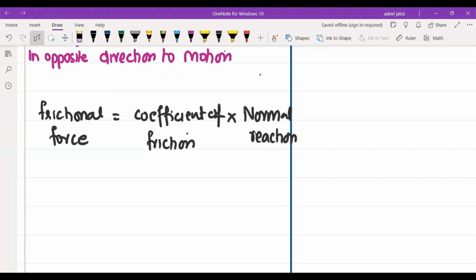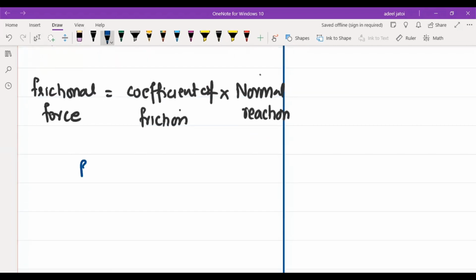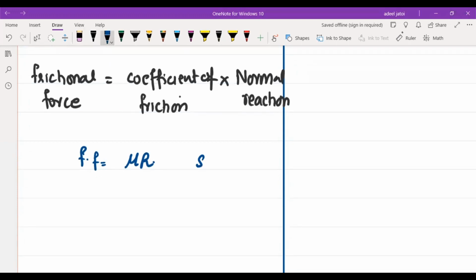So your frictional force is the coefficient of friction, given as mu, and your normal reaction will be R. The SI unit for this is again Newton.